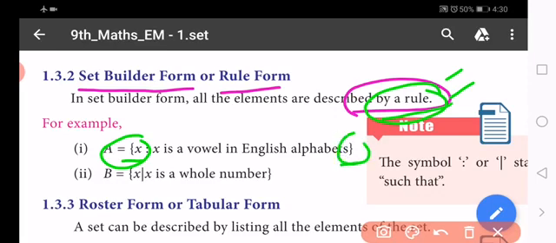In the set builder form, all the elements of the set must possess a single property to become a member of that set.